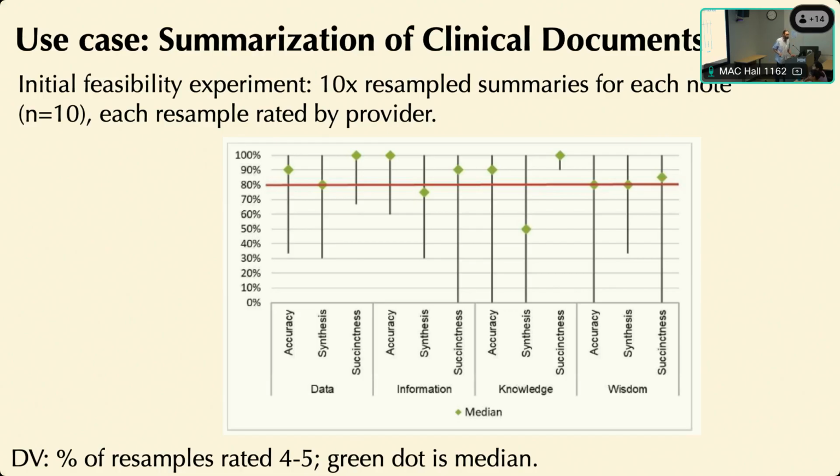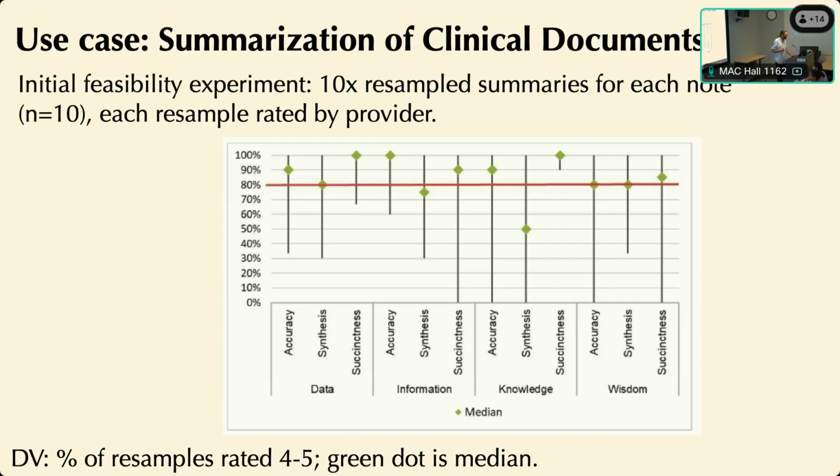And on this plot, what we're looking at is the percent of notes that rated that way. And so we see there's a lot of variation. Sometimes the model did a pretty decent job. Other times it generated notes that were really lousy. That was a little concerning to us.